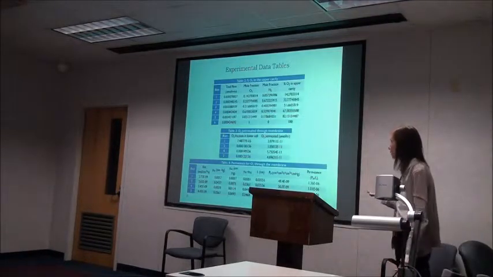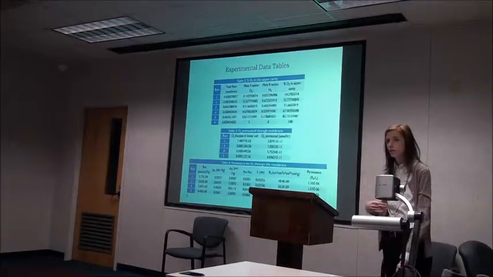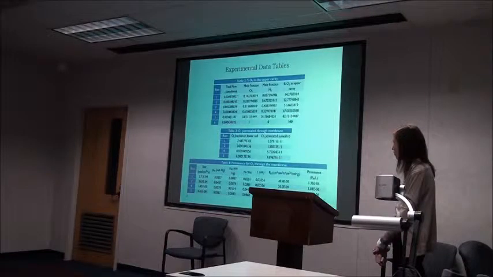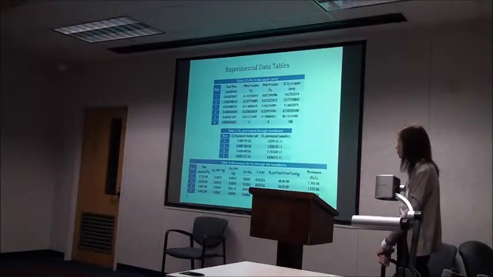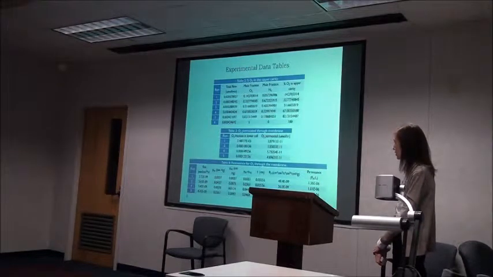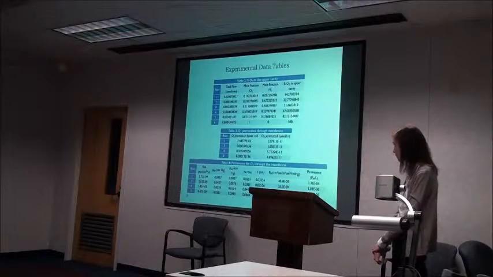So this is just showing our data for all of our runs based on the different flow rates of O2 and N2 in table 2 for the upper cavity. We have the total flow, the mole fractions of O2 and N2, and then the percent O2 in the upper cavity. And table 3 shows the O2 that permeated through the membrane in micromoles per hour.